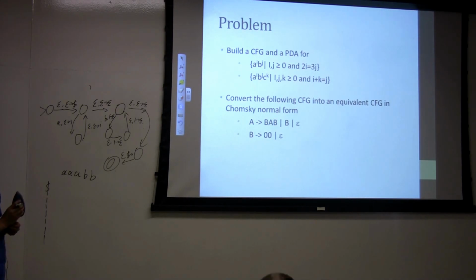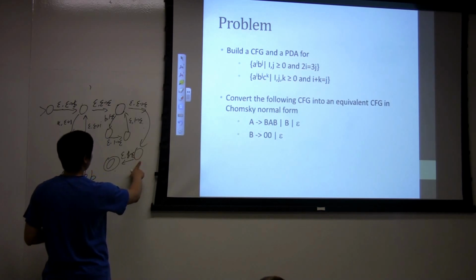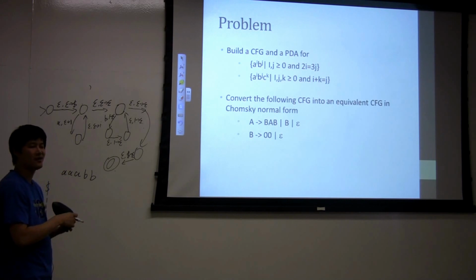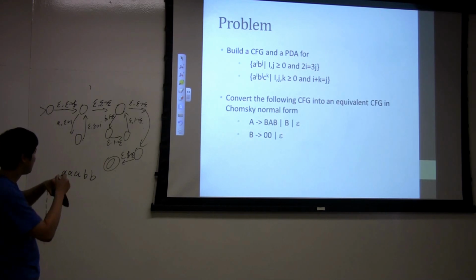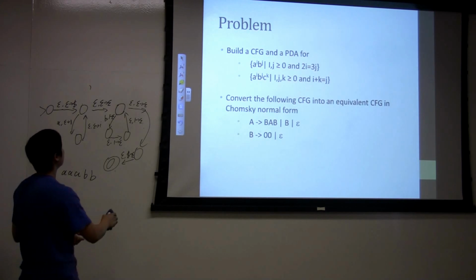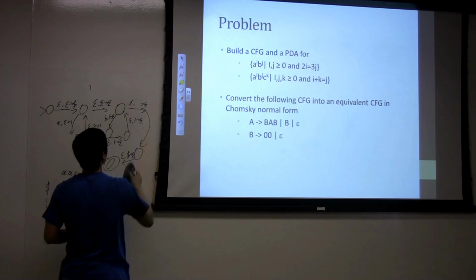What is that last state before the accept state for? This one is just to say that we pop out the dollar sign. You could just replace that. You don't need that, because you've got that empty transition. That's true. Don't need any input and don't do anything to the stack. We can do a dollar sign here.